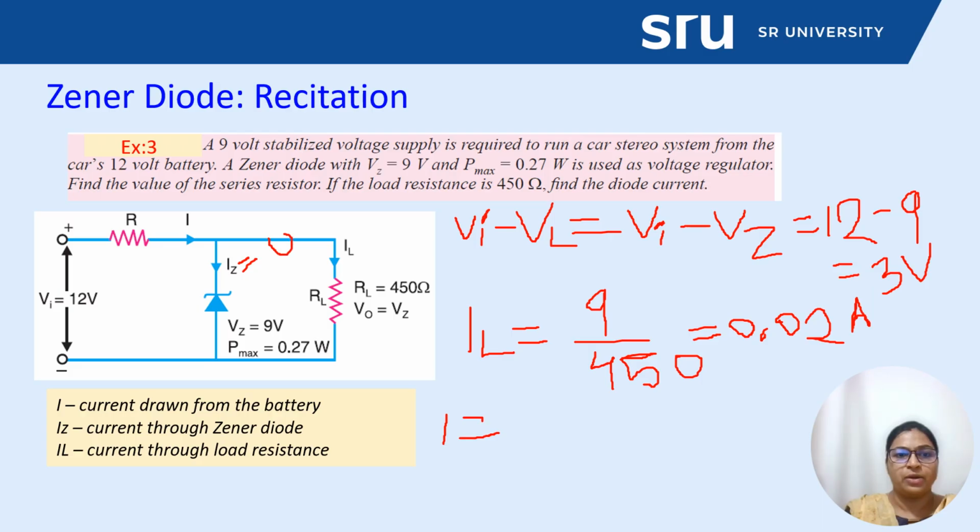If we divide 0.27 by 9, it will be around 0.03 amps.